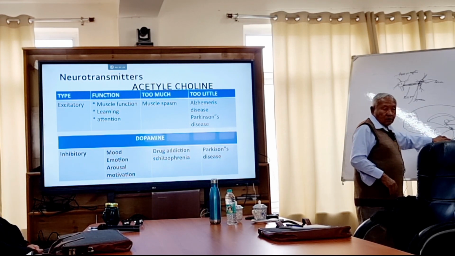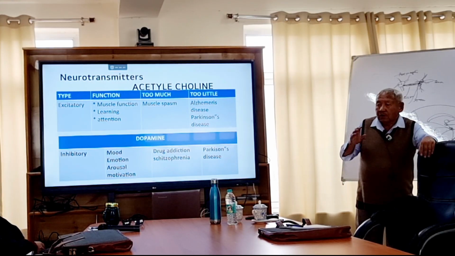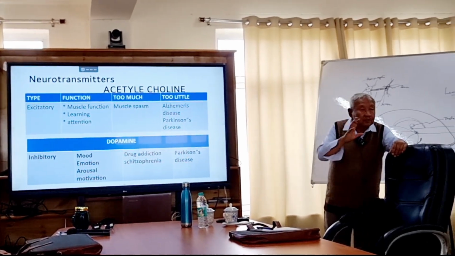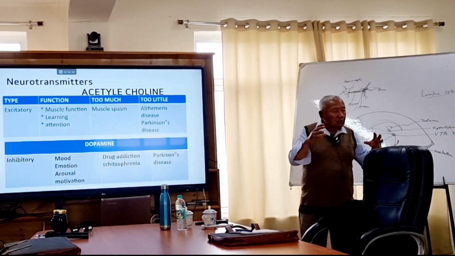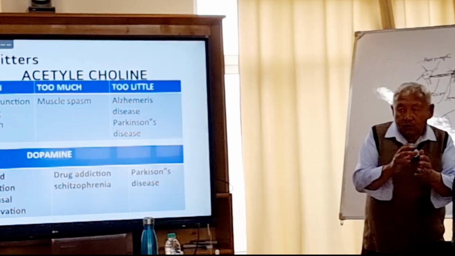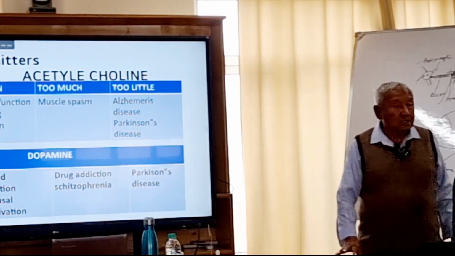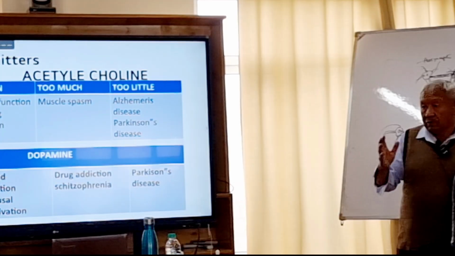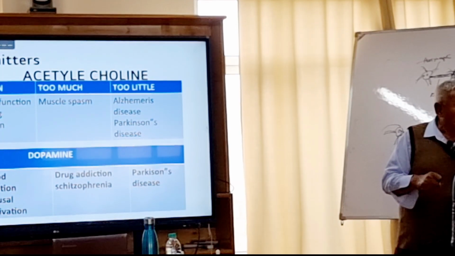Now, when I draw all these things, the hippocampus, as I said, is responsible for memory. All these memories the hippocampus collects and makes a repository of. So in Parkinson's disease, as an MBBS or as a medical practitioner, you must have seen cases of Parkinsonism.